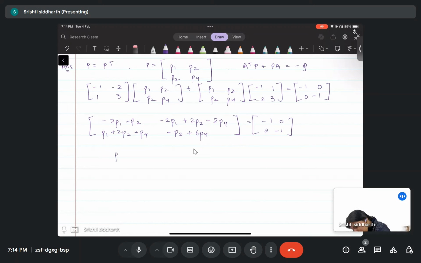So we have two equations with the same answer. So p4 is 0 and minus 2p1 plus 2p2 minus 2p4 equals 0. This one implies minus p1 plus p2 minus p4 equals 0.